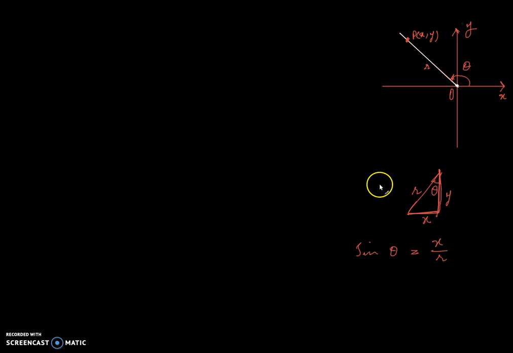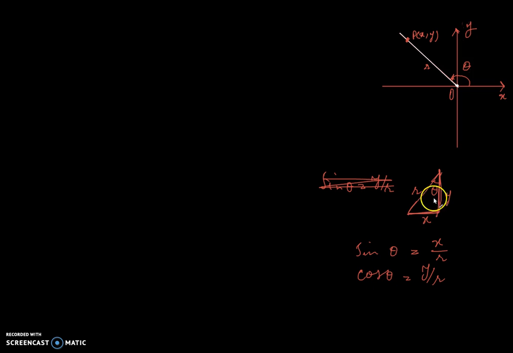Of course, as a definition, you always say that sine theta is equal to y by r, but in this case, this doesn't apply. So in this case, you can say that sine theta is equal to x divided by r, or you could say that cos theta in this case is equal to y divided by r.